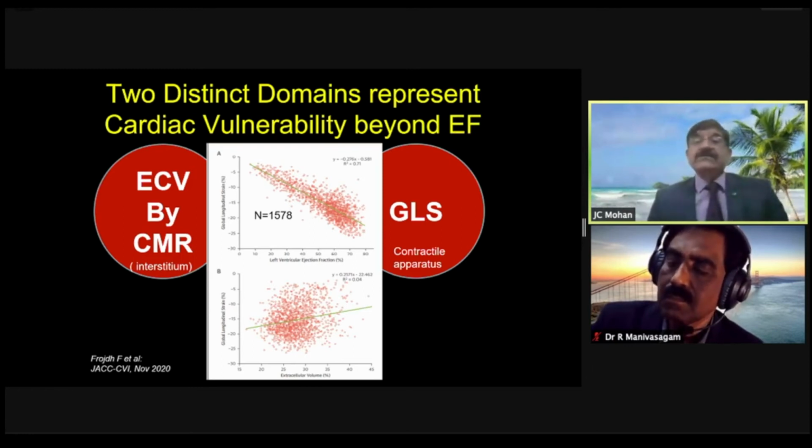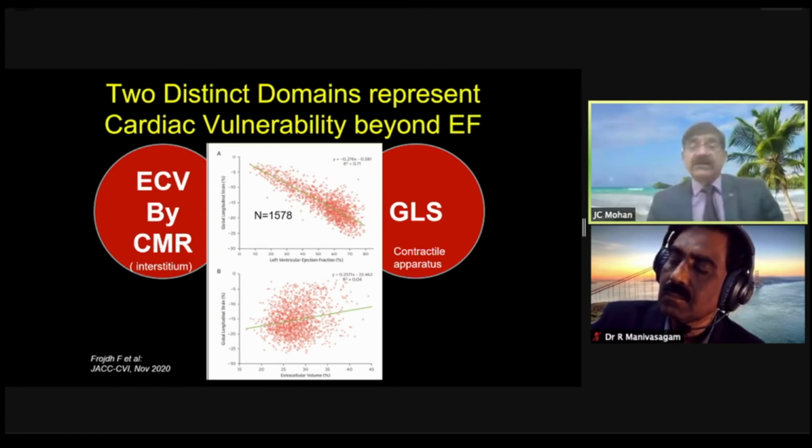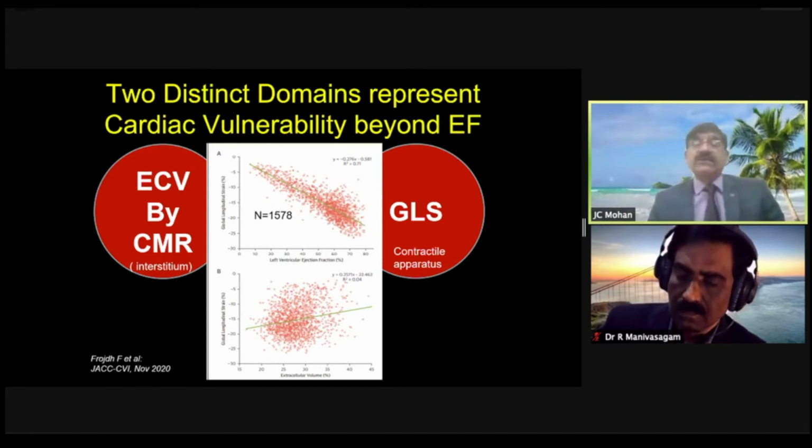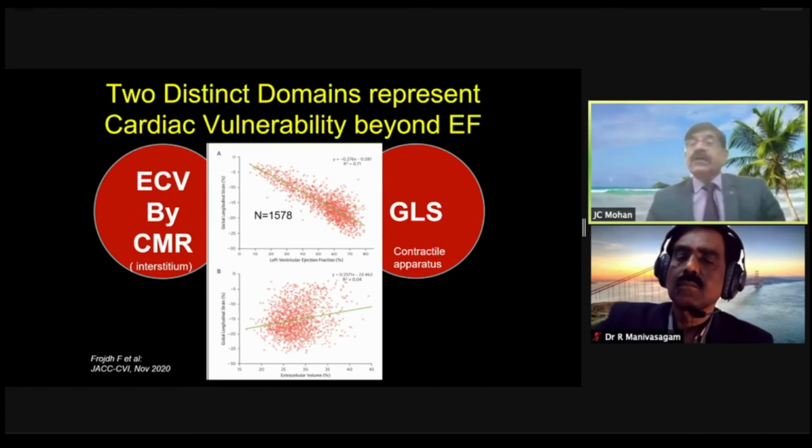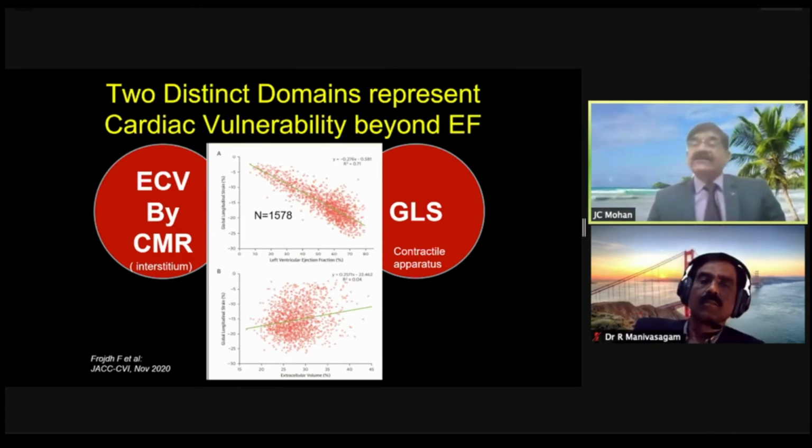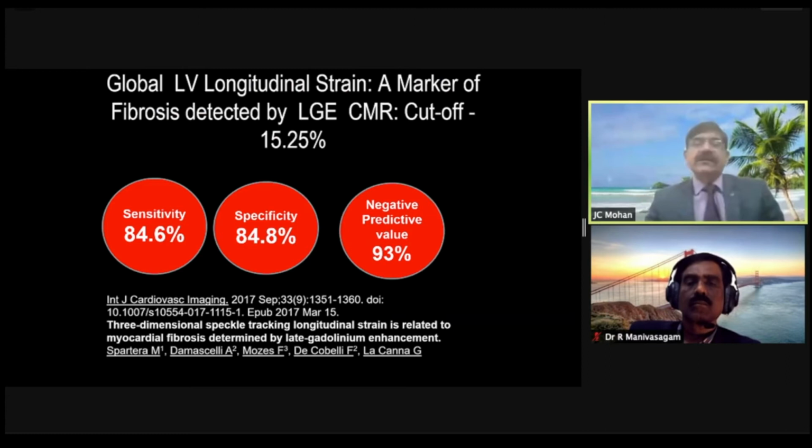The interesting thing which you see is the strain to some extent correlates with the ejection fraction. However, extracellular volume does not correlate with global longitudinal strain. So do not think that if the extracellular volume has expanded, global longitudinal strain would significantly go down. It goes down, definitely, but not in a one-to-one relationship.